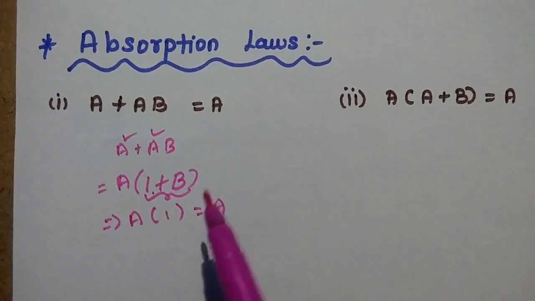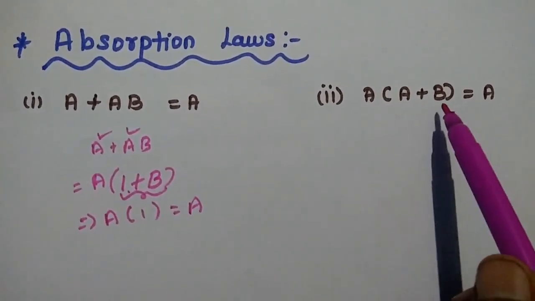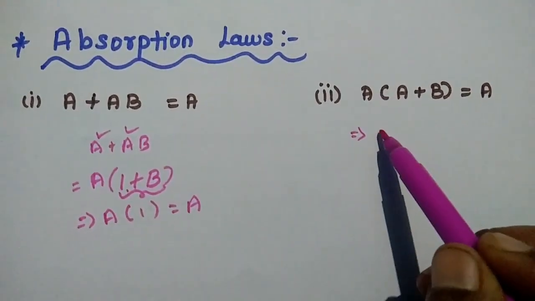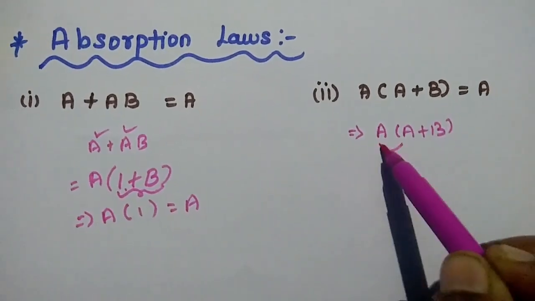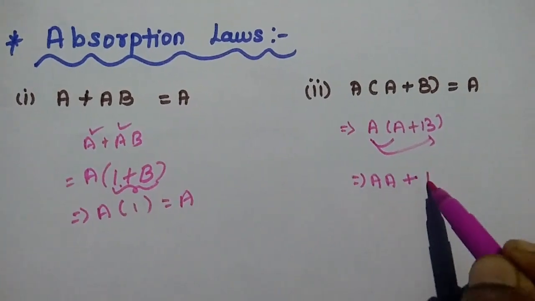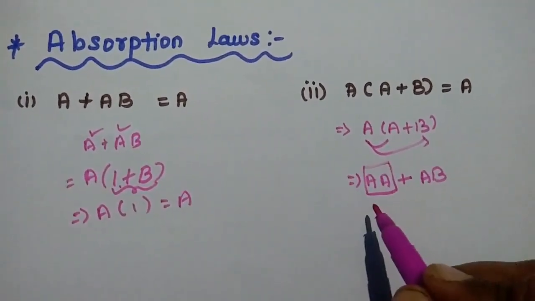So it is proved. So consider the second expression a into a plus b is equal to a. Here we are going to take the left hand side a into a plus b. Multiply inside, we can get a into a plus a into b. A into a is always a.